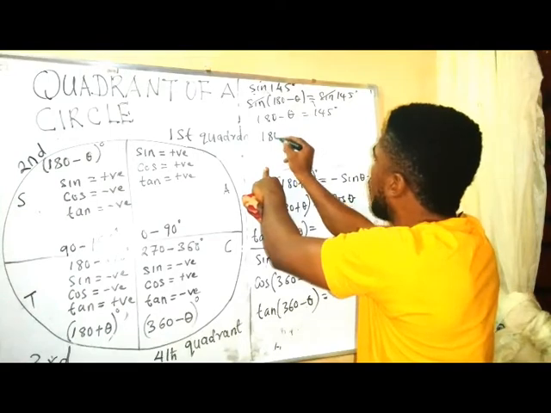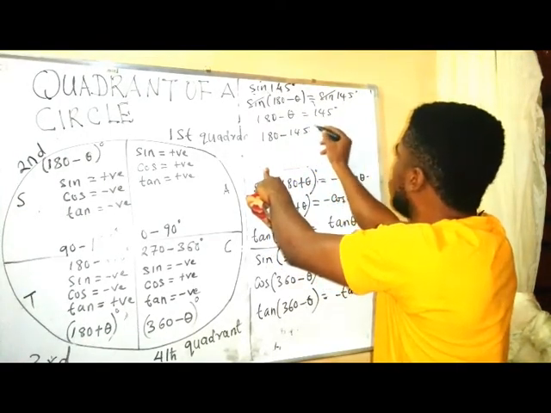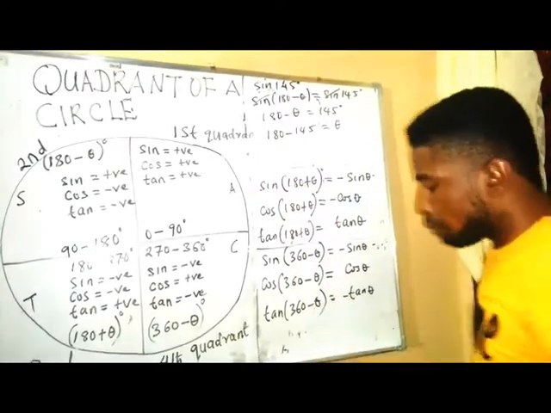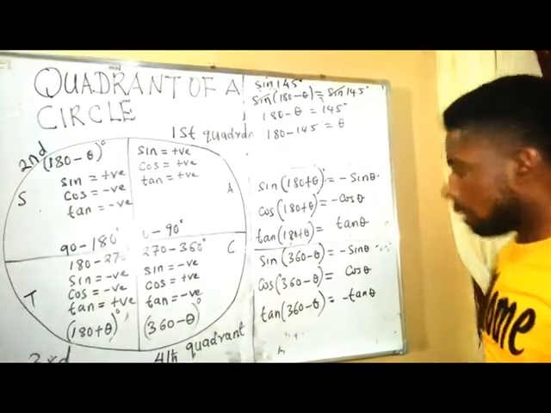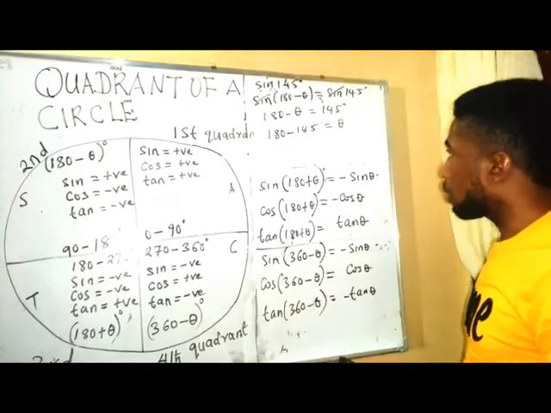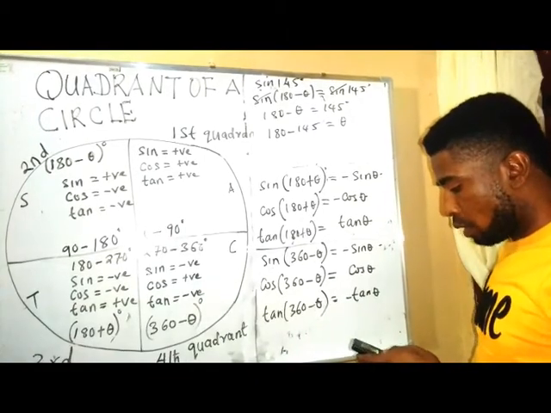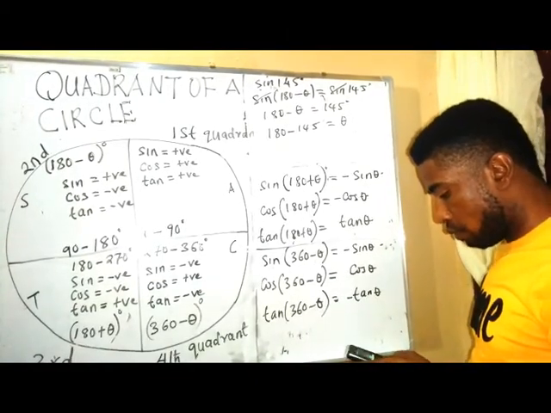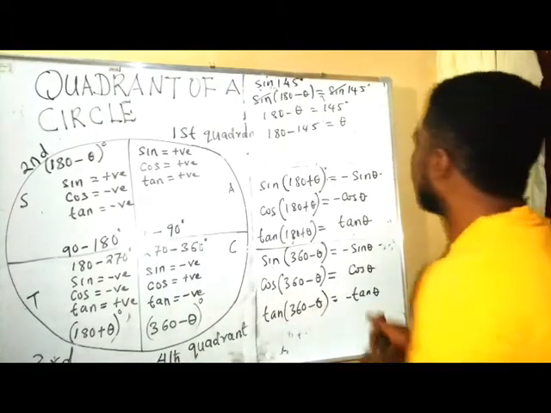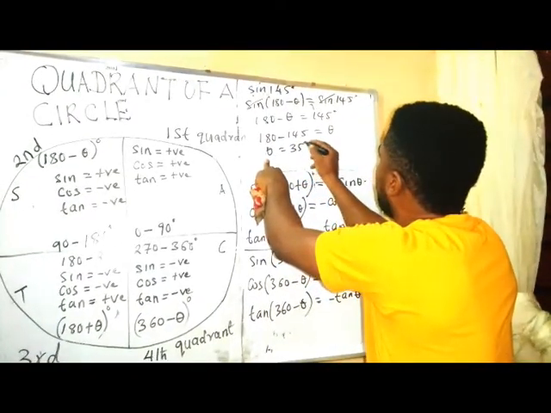So I have 180 minus 145 equals theta. If you subtract, 180 minus 145 should be giving you 35 degrees. So here your theta is 35 degrees.